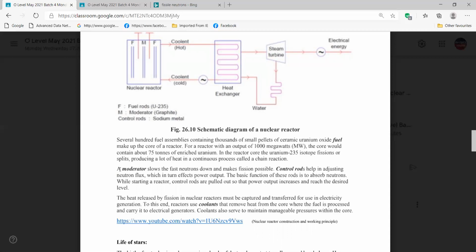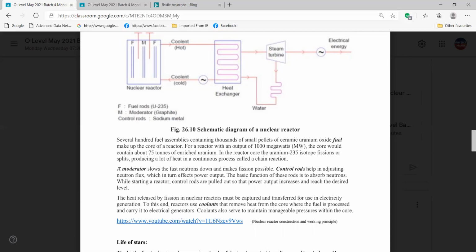Control rods help in adjusting neutron flux. Flux is the density of neutrons, which in turn affects power output. The basic function of this rod is to absorb neutrons. While starting a reactor, control rods are pulled out so that the power output increases and reaches the desired level.